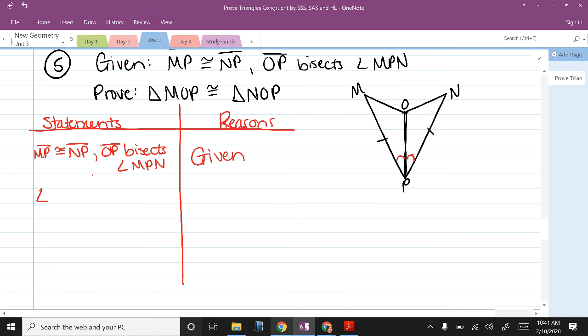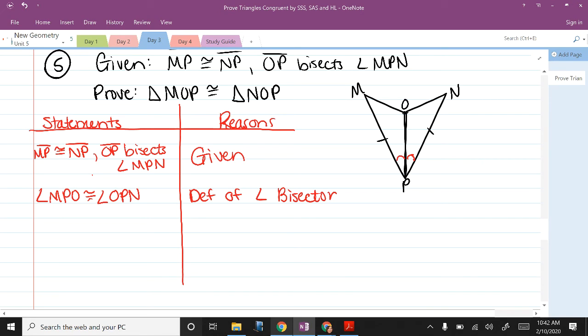What's the name of those two angles? MPO to angle OPN. Y'all agree? By what reason? Why can I say those are congruent to each other? Very good. Definition of, I'm going to call it an angle bisector.